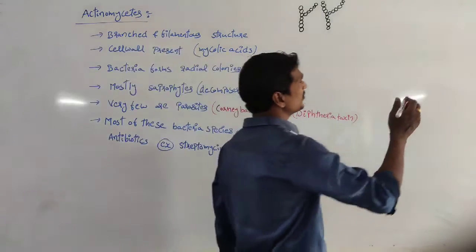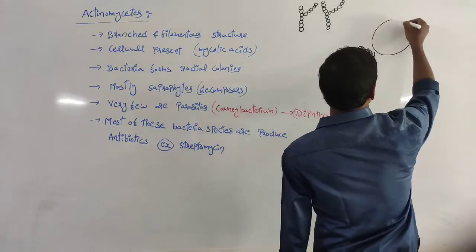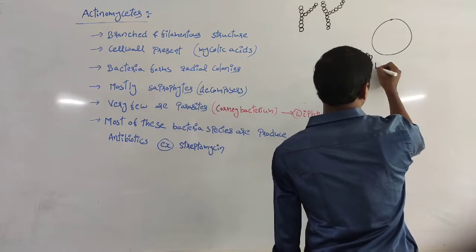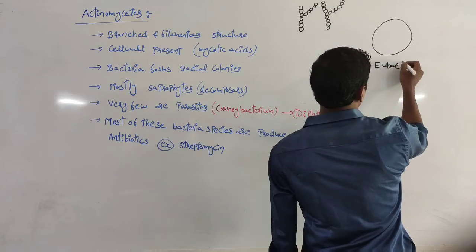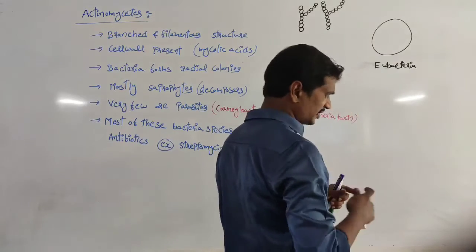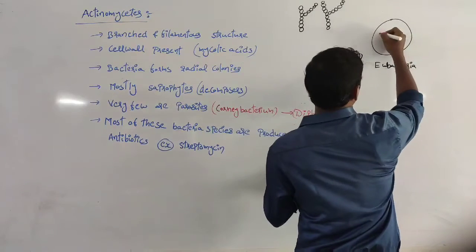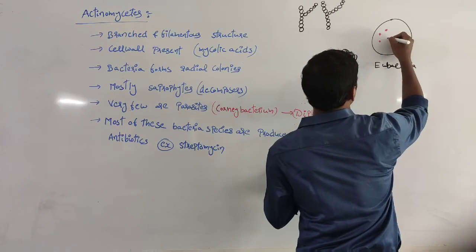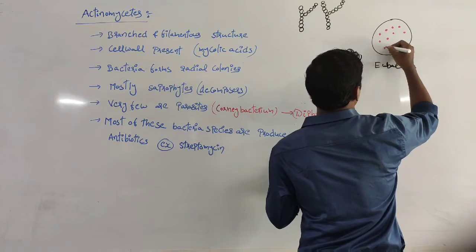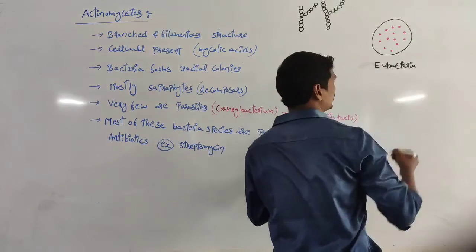For suppose in the normal bacteria, I would like to discuss first, this is a normal eubacterium. We know about the eubacteria. The eubacteria form isolated colonies. See, these are the isolated colonies formed by the eubacteria.